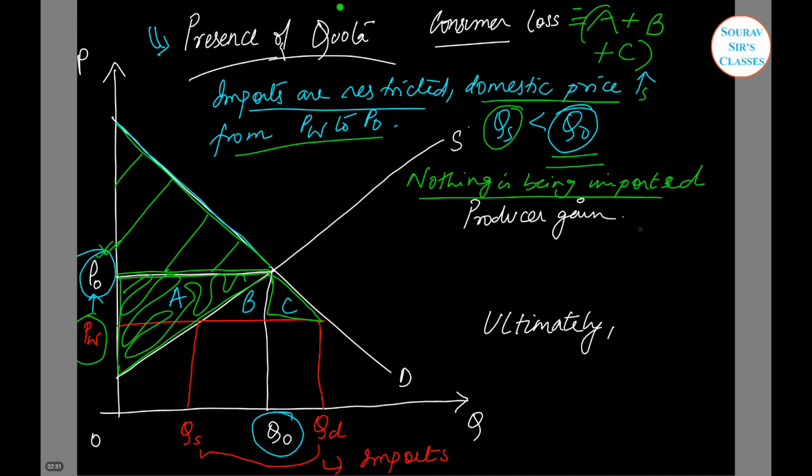So ultimately producer gains A. So what we see is that producer is gaining A, while consumer is losing minus A, minus B and minus C. So the ultimate loss is minus B and minus C. So we can say that consumer loss is more than producer gain.